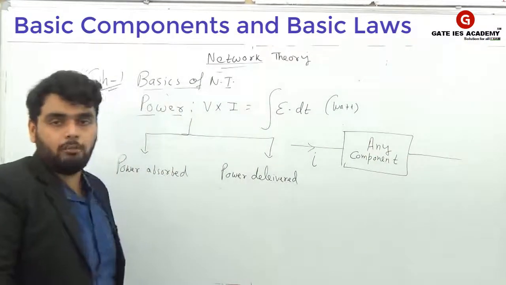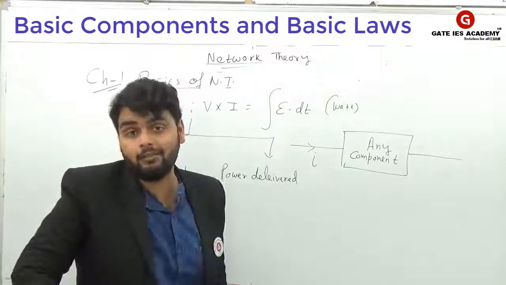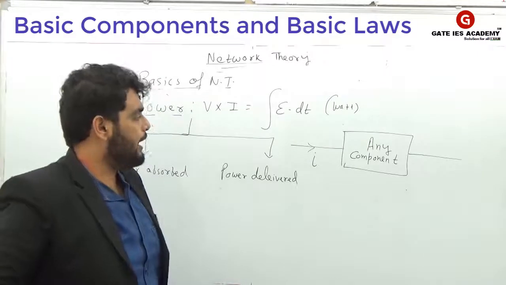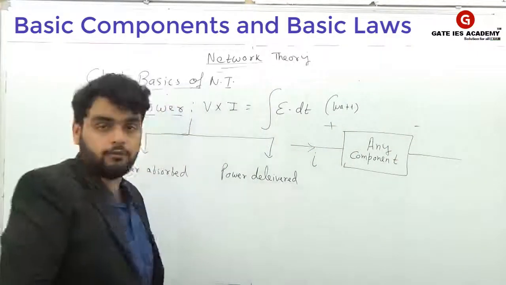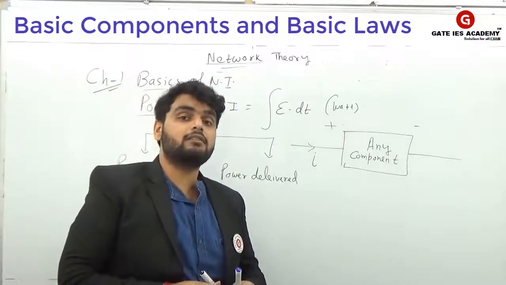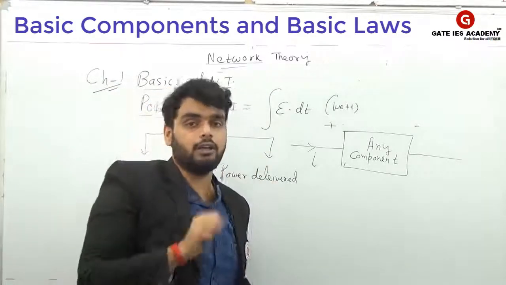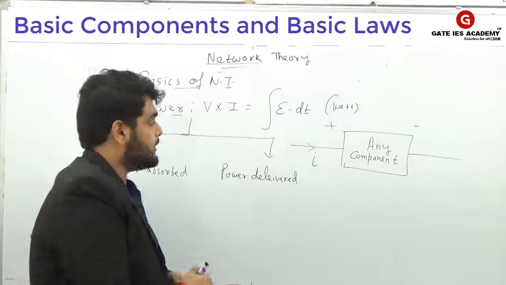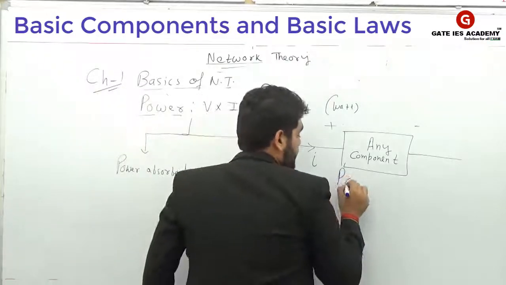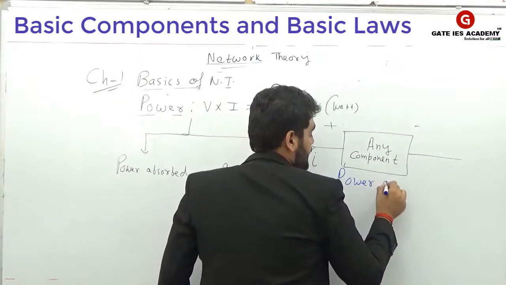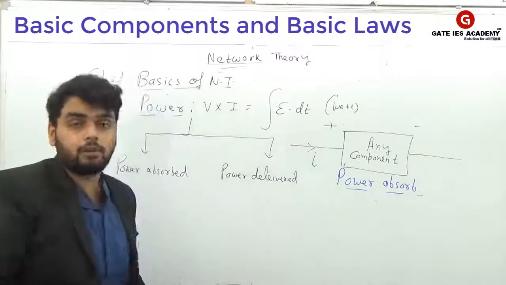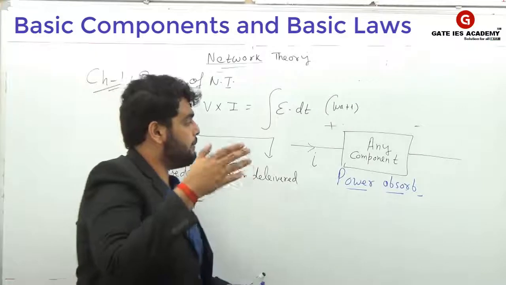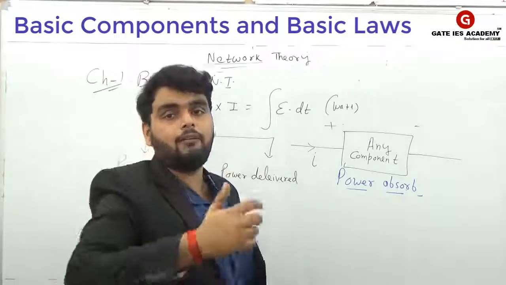I'm not taking active or passive, I'm taking any component. If I have any component like this, and the current is entering at the positive terminal, always remember this scenario: it always tells you that power is being absorbed. So this is the power absorbed. Current entering at the positive terminal means the power is absorbed.